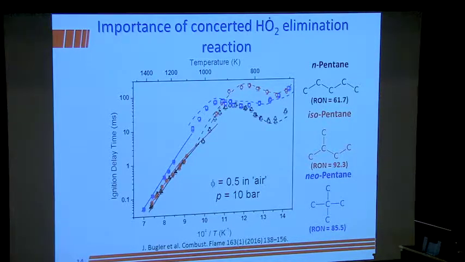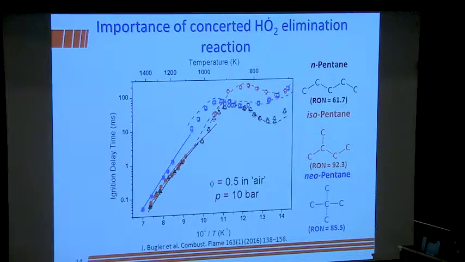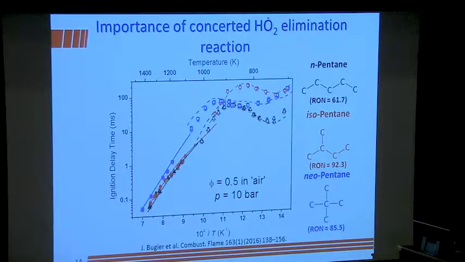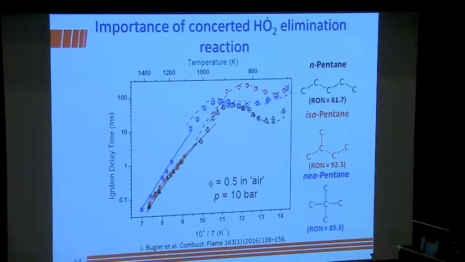And then at these intermediate temperatures, going into the intermediate high temperature regime, neopentane is actually much slower than the other two. And even at higher temperature, you can see it's consistently slower. So what's going on with neopentane relative to the other two? Okay, so what happens is this.